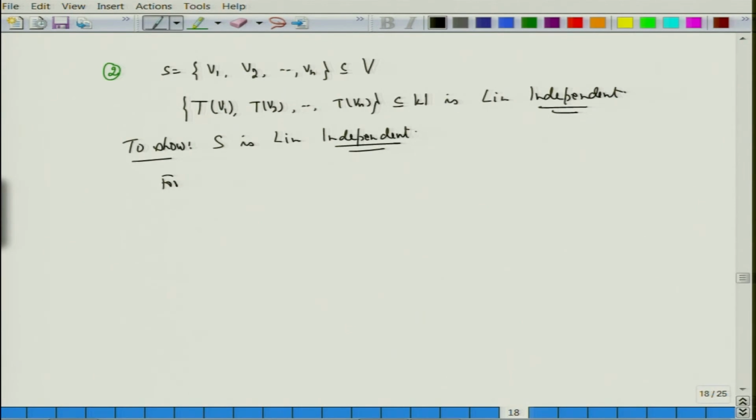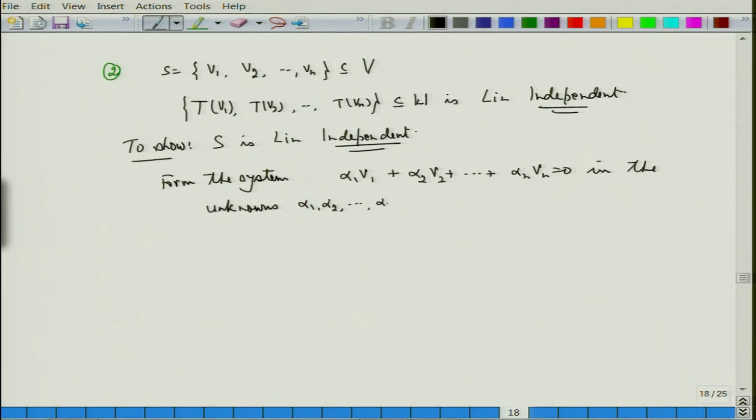So, form the system alpha 1 V1 plus alpha 2 V2 plus alpha n Vn is equal to 0 in the unknowns alpha 1, alpha 2, alpha n.